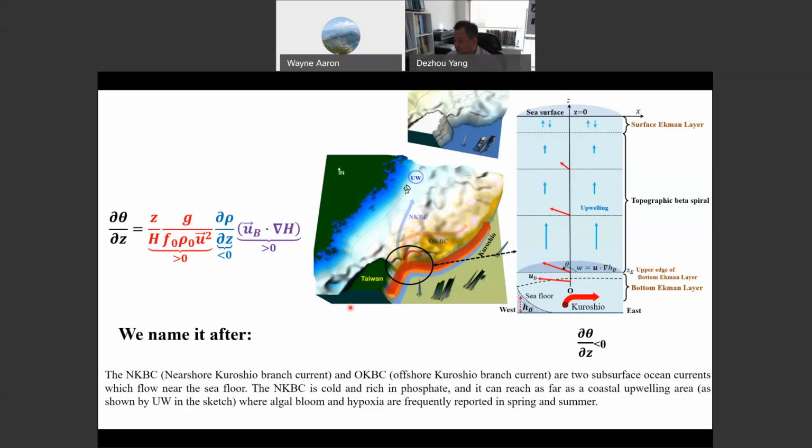It means this branch current will come from the deep water, and this current will come from the subsurface water. We all know that the deep water is colder and rich in phosphate. And this current can reach as far as the coastal upwelling area because it has a big setup. It means more intrusion, more shoreward.